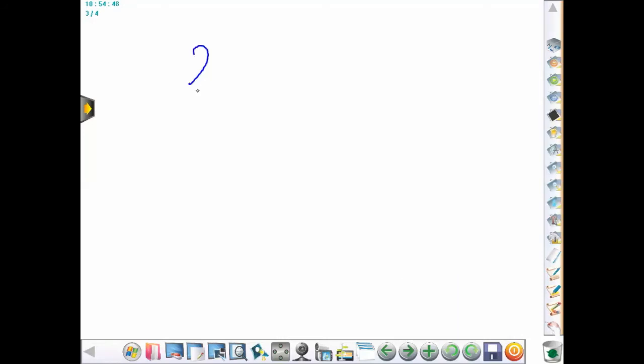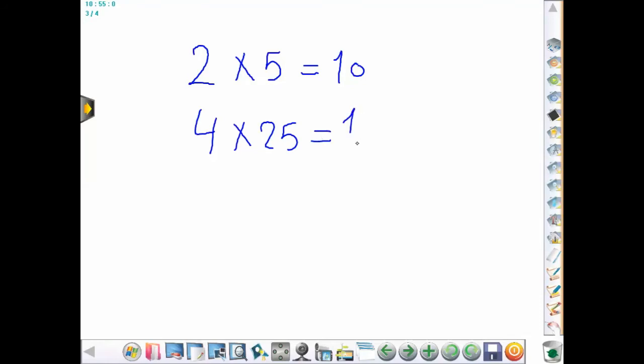If we have 2, her friend is 5. 2 multiply 5 is 10. If we have 4, her friend is 25. The result will be 100. If we have 8, her friend is 125. So the result will be 1000.